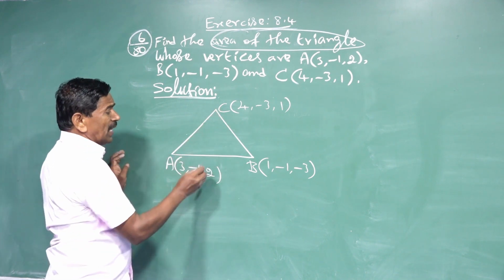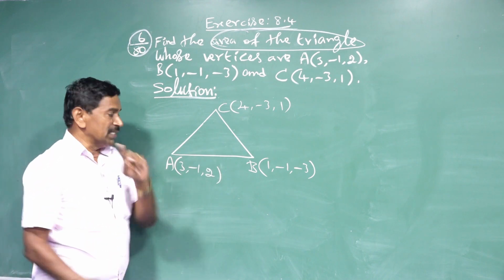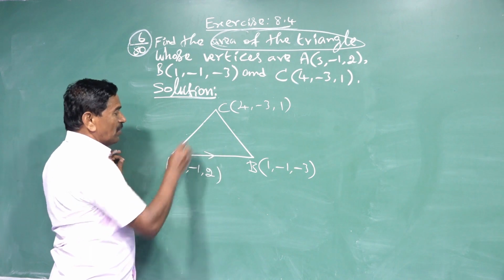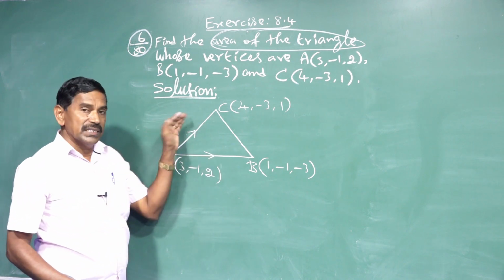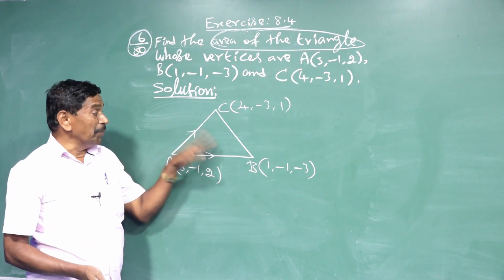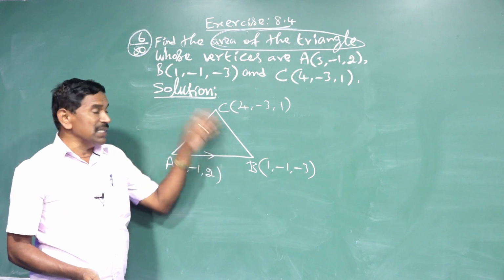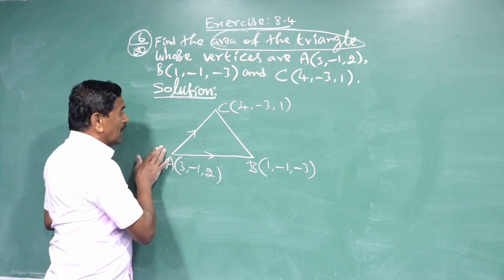In this diagram, the two adjacent sides are AB vector and AC vector. Area of triangle ABC is half modulus AB vector cross AC vector.